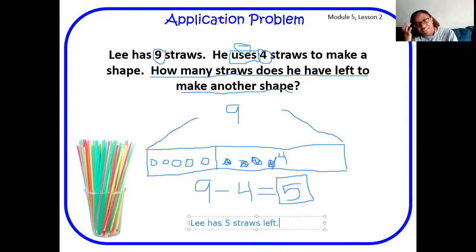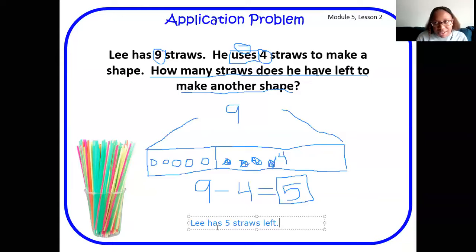So it should look a little bit like this. We have 9 as a whole. And we have my tape diagram. I know that he used 4. That means I also took away. So then my number sentence was 9 minus 4 equals 5.